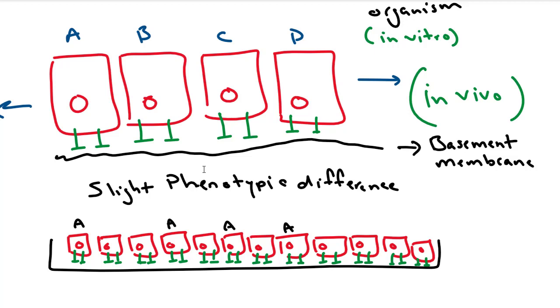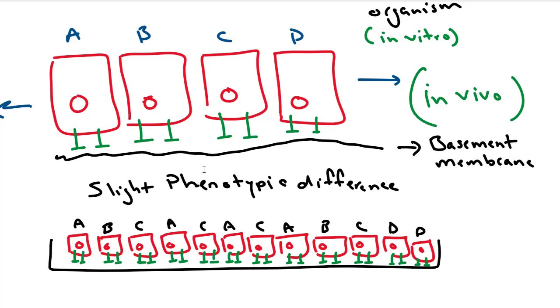And we have another one that is B, and a few C's, and a couple of D's. These are still hepatocytes, liver cells, but they're slightly phenotypically different from each other.